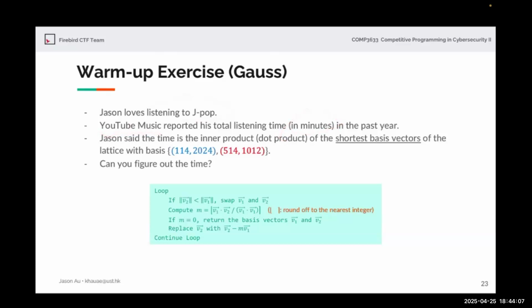So here I said that the time reported by YouTube Music is the inner product or the dot product of the shortest basis vector of the lattice spanned by these two bases. So these two are slightly larger numbers. So how to figure out the time?